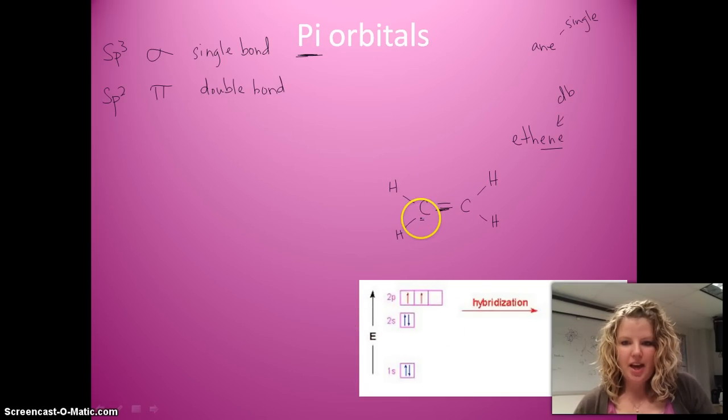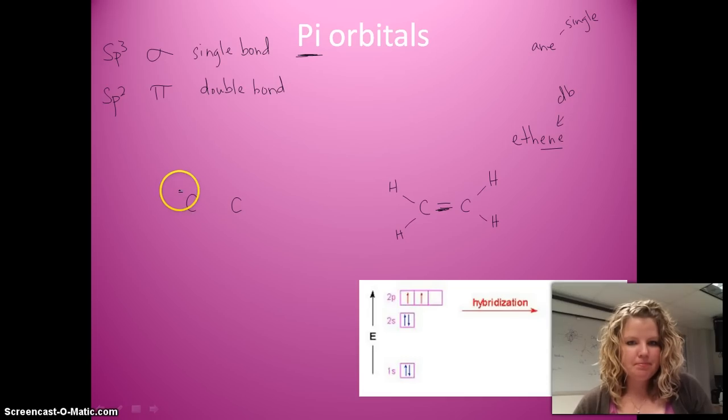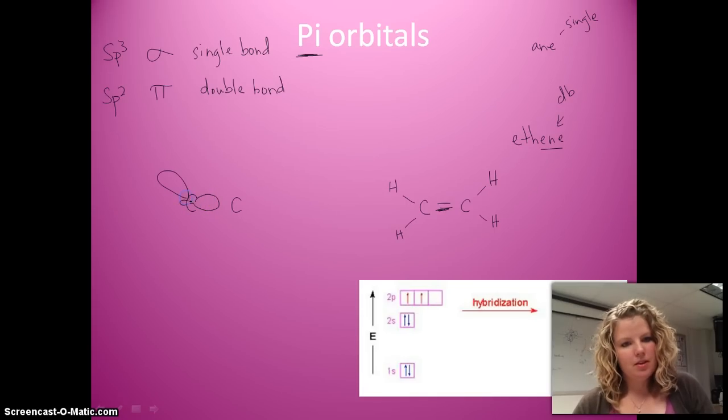So what we have is 3 sp2 orbitals, so we have carbon and carbon. We have sp2, 1 2 3, 1 2 3 on each side, so we get this little one, and then one like this and one like this.